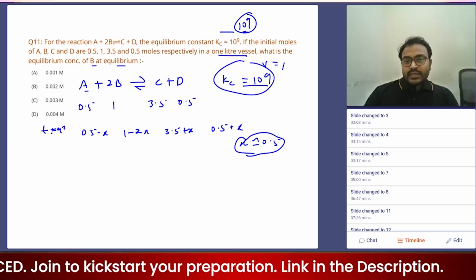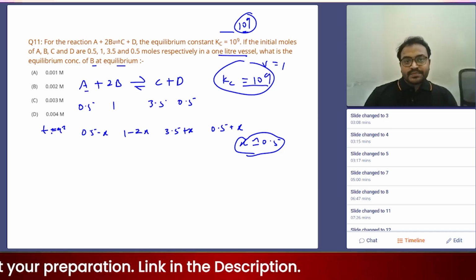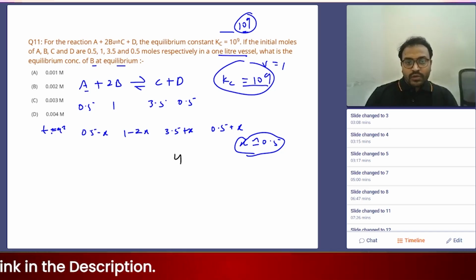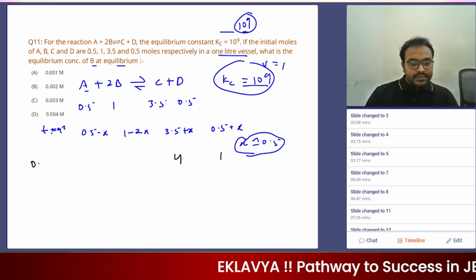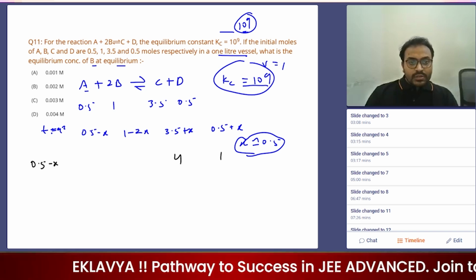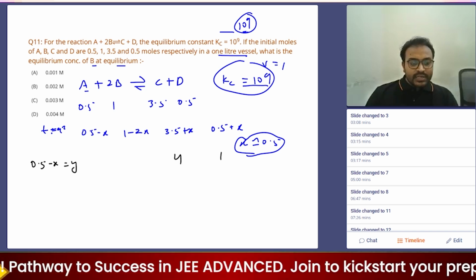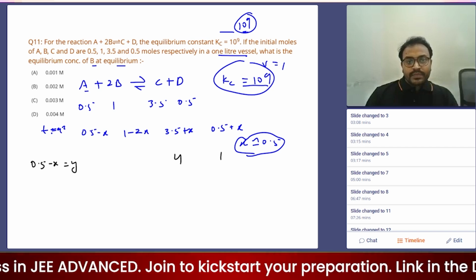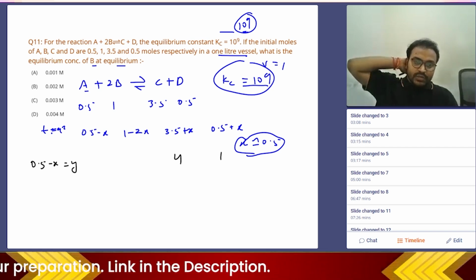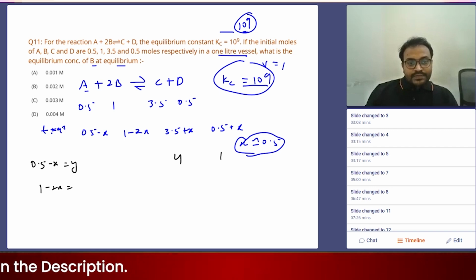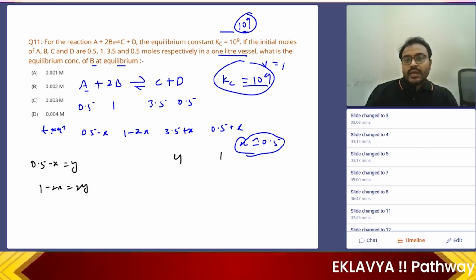By taking x as 0.5, C will be equal to 4 at equilibrium and D will be equal to 1. Now we are assuming 0.5 minus x is y. Then 1 minus 2x will be 2y, and the Kc value is given.